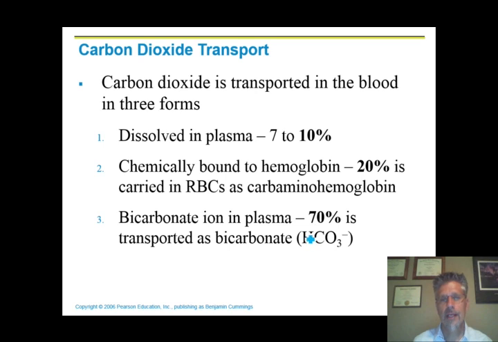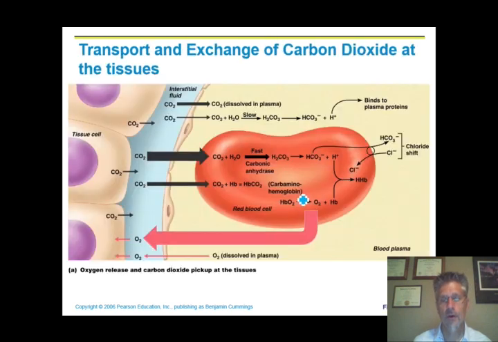Carbon dioxide, on the other hand, can be bound to hemoglobin, but most of it is actually traveling as this ion called bicarbonate, floating around in the plasma itself. So you do need to know the different ways that these gases are transported in the blood, and you definitely need to know the equation that we see right here.